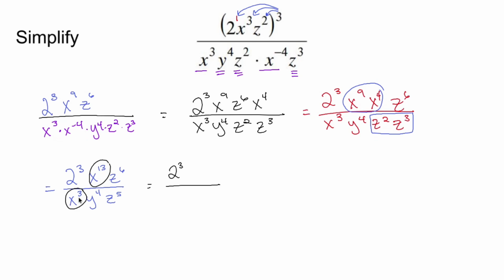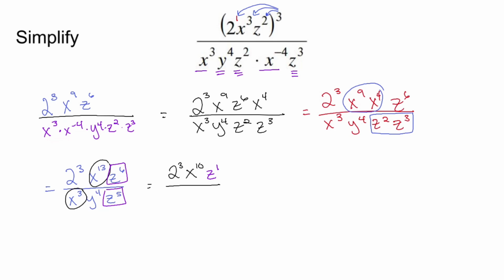X to the 13th is more powerful than x to the third. Leave it in the numerator, subtract the exponents, and call it 10. Similarly, I have z to the 6th power up here and z to the 5th power in the denominator. 6 is barely more powerful than 5, so leave z up there, and 6 minus 5 is invisible 1.